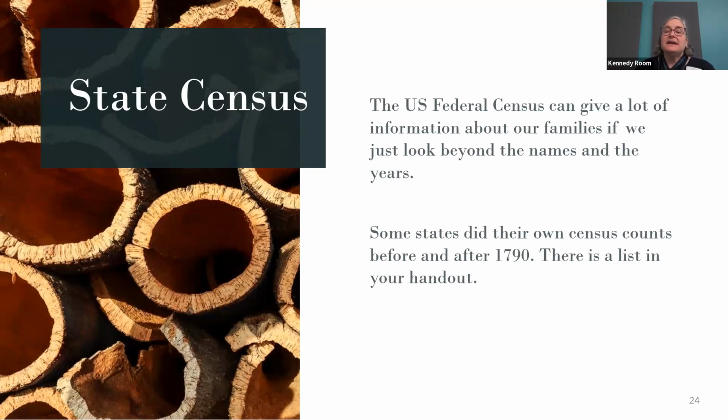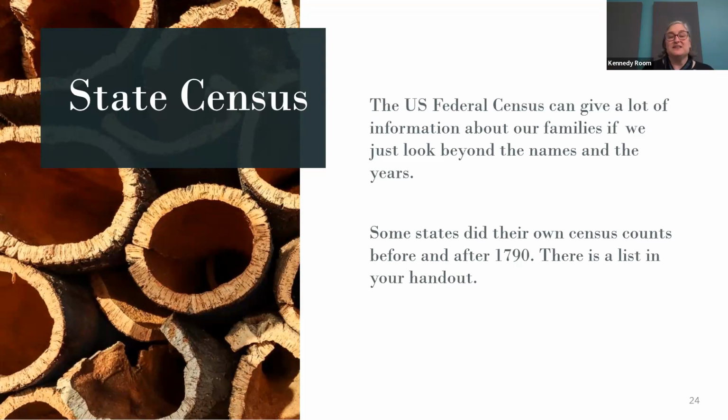But in addition to the federal censuses on the 0 years, and the one I'm told happened in 1885 that I've never seen any record of, but I'm told by experts that it's there, states did their own censuses. And there is a page at the end of the handout that is a listing of all of the days and years that various states did censuses. Don't get your hopes up for South Carolina. There are fragments of like 1.5 censuses.